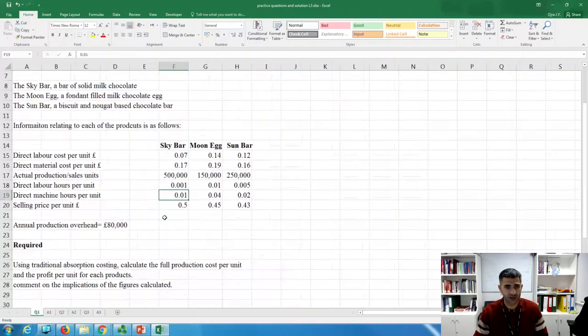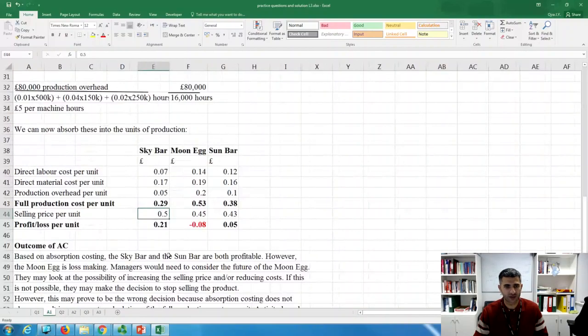If you take away the 29 pence, you find the profit per unit, which is 21 pence.